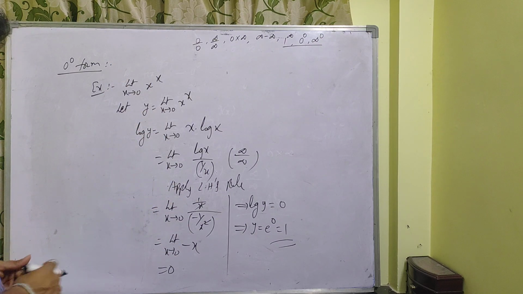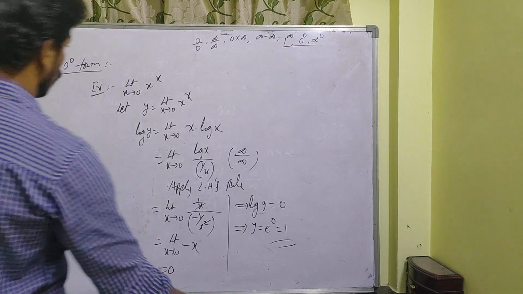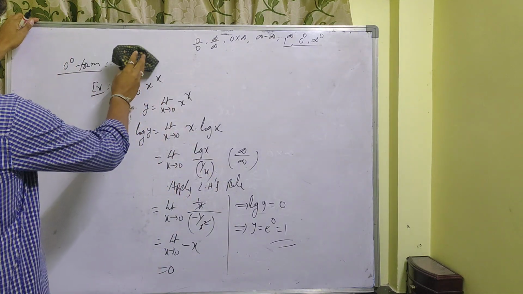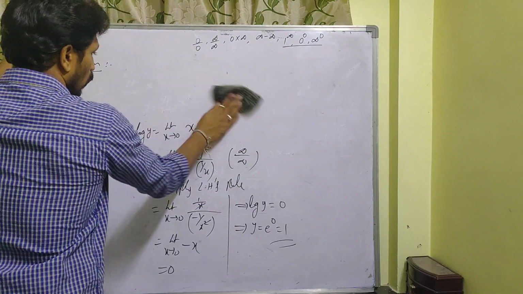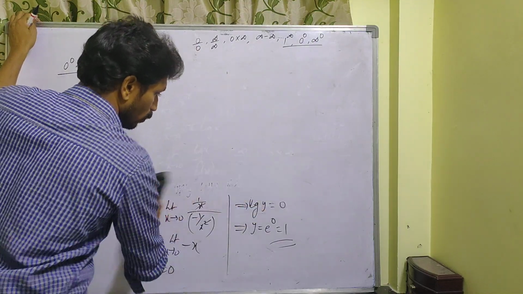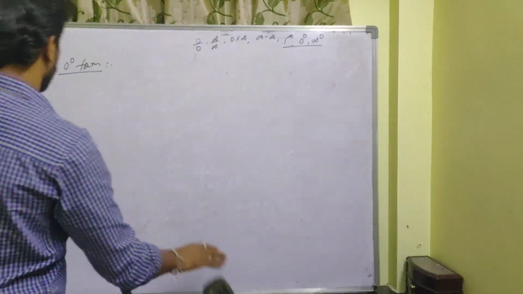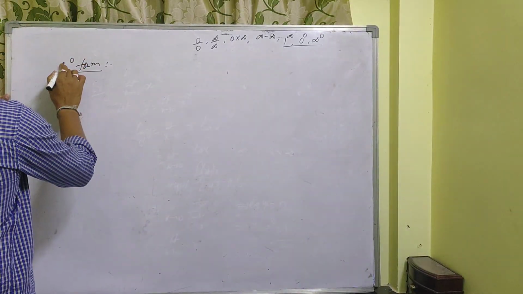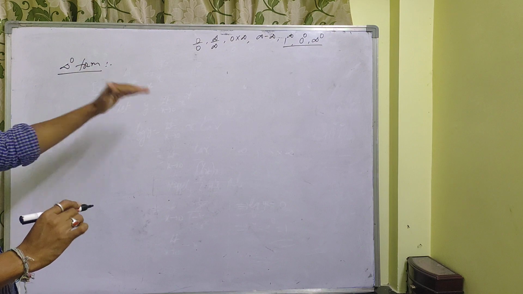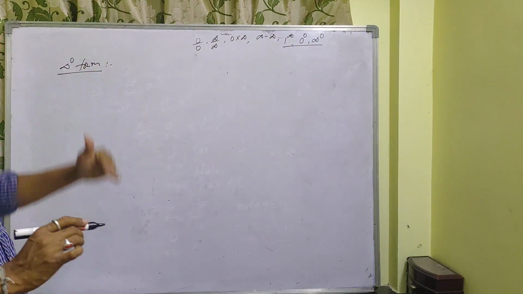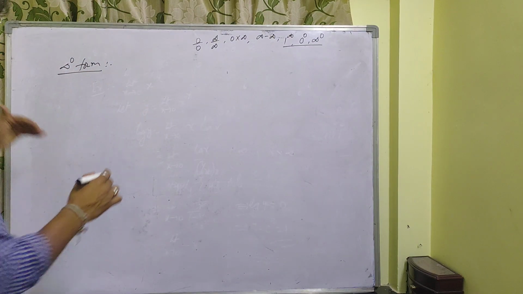Okay, next one is infinite power 0. So here also you see the working rule. When you apply the limit, it will be in the form of infinite power 0. What is the working rule?